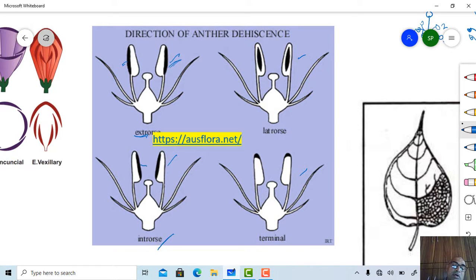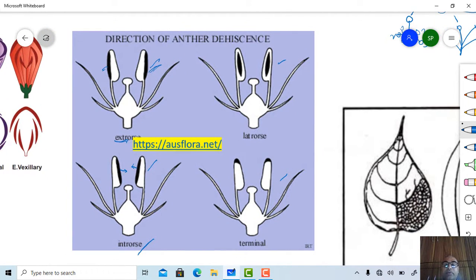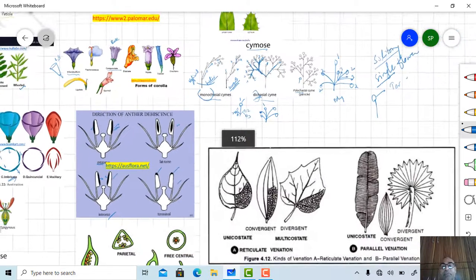If the dehiscence occurs on this inner side, then it is called introrse. If in the middle, then it's called latrorse, and if the dehiscence occurs on the terminal side, then it is called terminal.